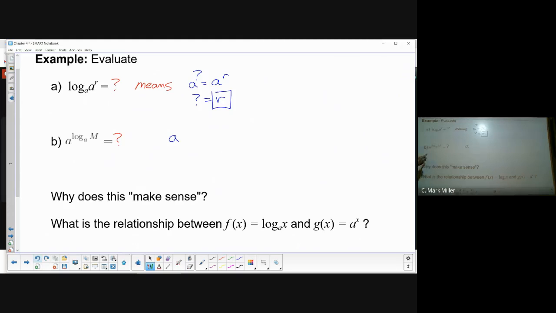You remember we had this, let's write over here a second. y equals log base a of x means a to the y equals x. Right? So if I have a to the y equals something, this means the log base a of the something.